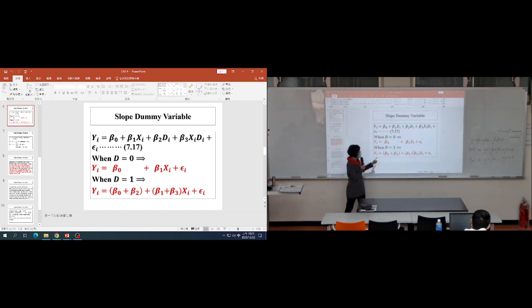Then my equation turns out to be beta 0 plus beta 2, since this is 1, and the slope is beta 1 plus beta 3, since this is 1, so I have beta 3 here. What's the difference between these two?